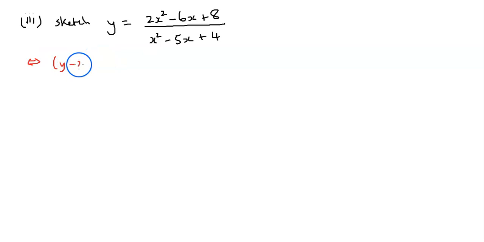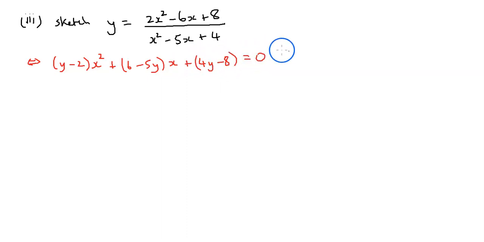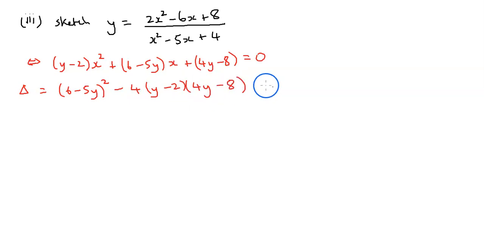So we got (y minus 2)x squared, and then plus (6 minus 5y) lots of x, and then plus 4y minus 8 should equal 0, and then delta is equal to (6 minus 5y) squared minus 4 times (y minus 2) times (4y minus 8). And we need this to be greater than or equal to 0.